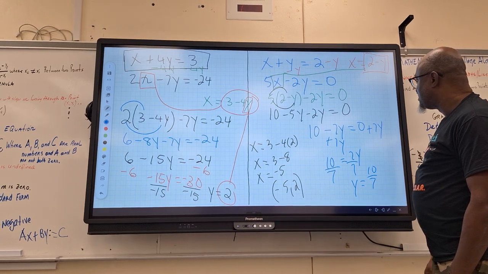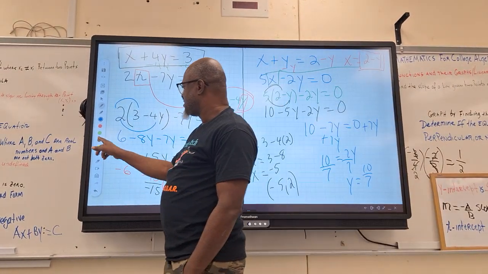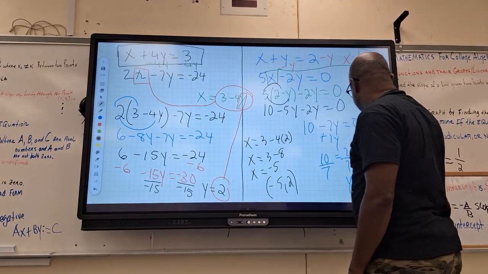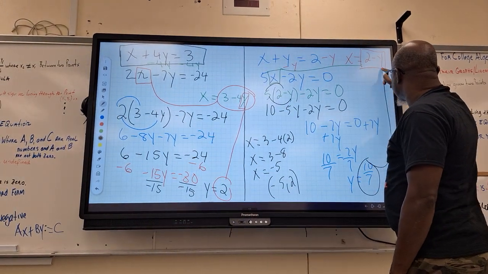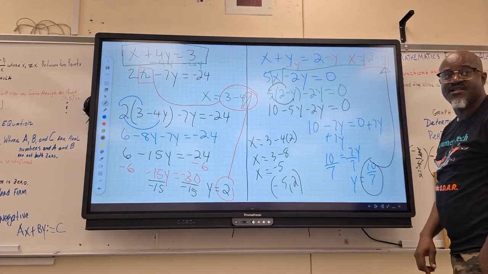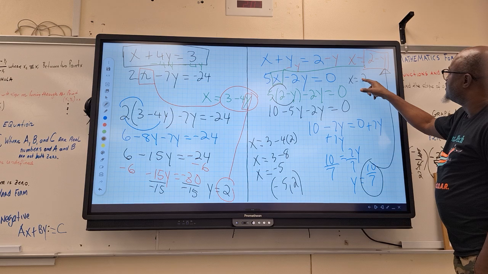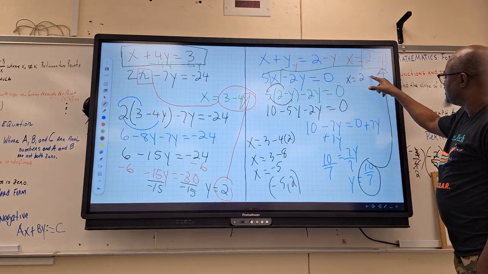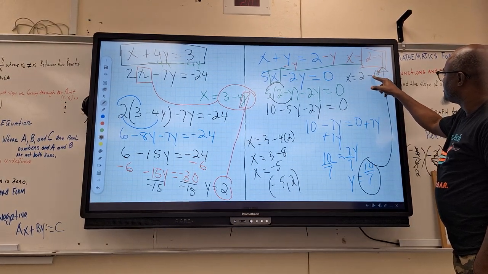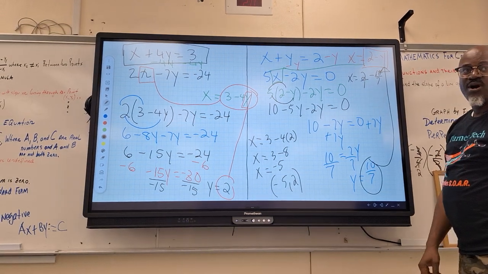10 over 7. Now in order to find x, I'm going to take this and replace it here. For those of you who have problems with fractions, this is the time to pay attention. So you will have x equals 2 minus 10 over 7. Put the 2 over 1.